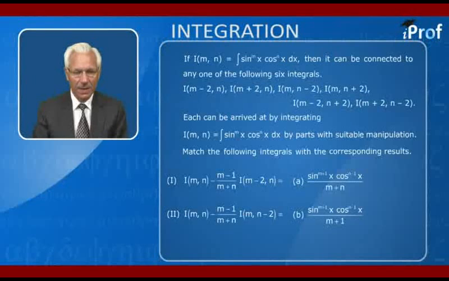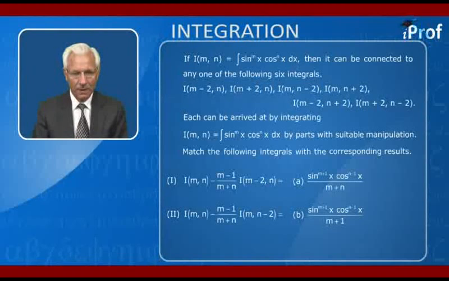Third, Imn minus m minus 1 upon n plus 1 into I m minus 2 n plus 2 is equal to. And fourth, Imn minus n minus 1 upon m plus 1, I m plus 2 n minus 2 is equal to.